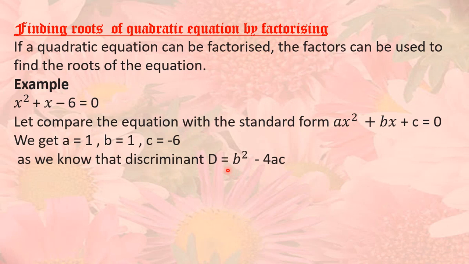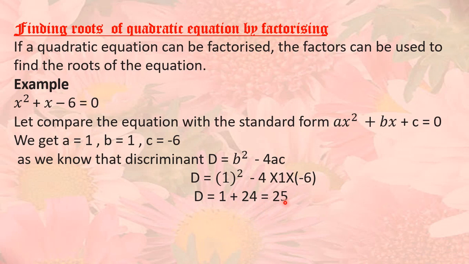As in the earlier session we have discussed, the discriminant D is b square minus 4ac, and for finding it we put the values b is 1, a is 1 and c is minus 6. By putting and solving it we get 1 plus 24, that is 25.